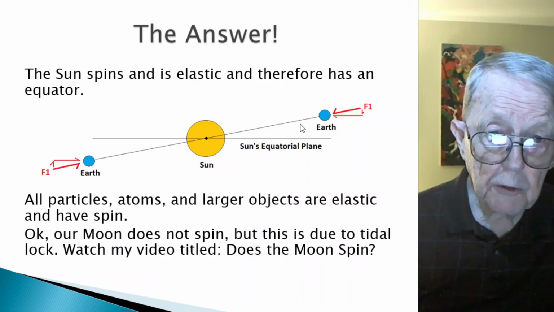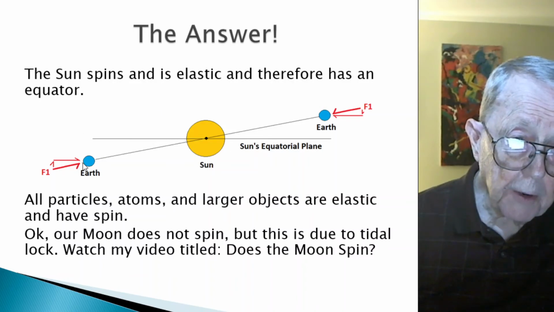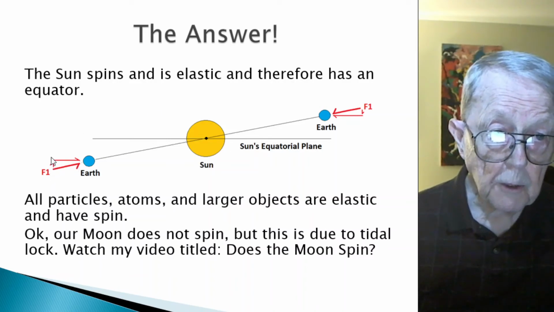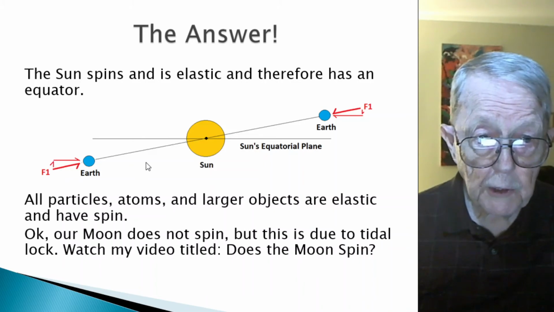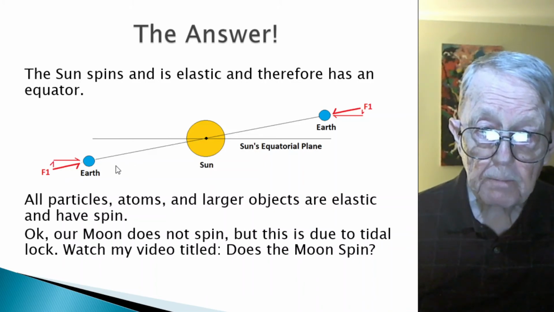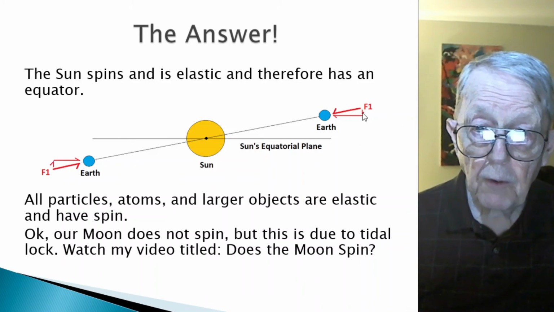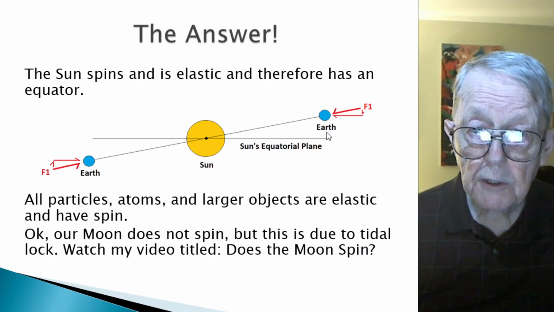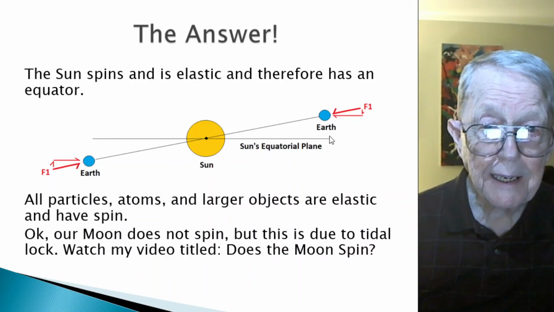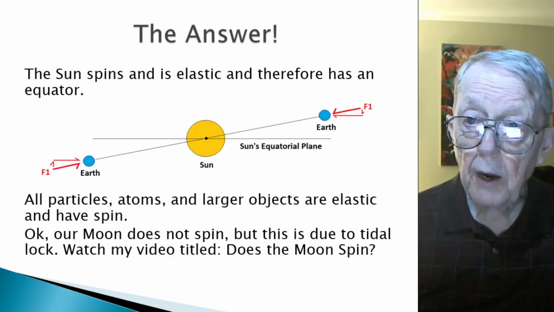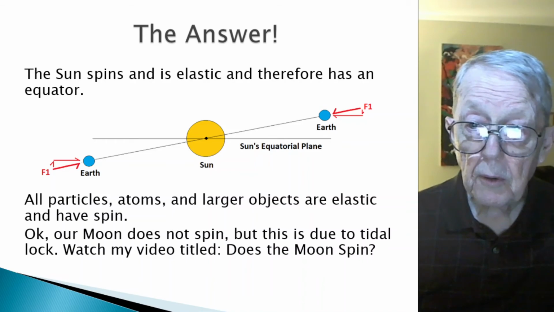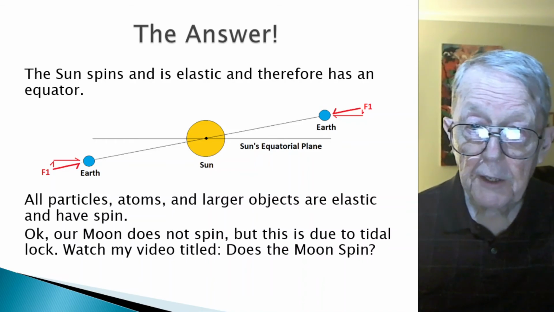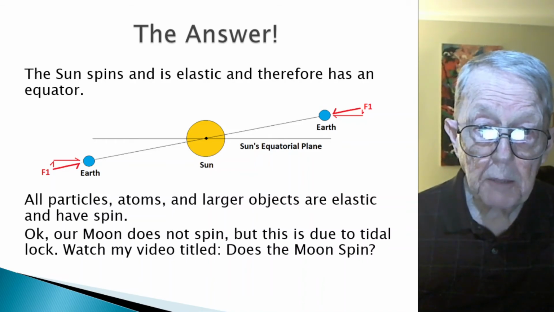So the opposite is true. When the Earth gets all the way around here in its orbit, there's a force pushing up and one pushing over towards the sun. I contend that that force is tending to bring the Earth towards the sun's equatorial plane. So that is the answer as to why you would understand that they could be all in the same plane.